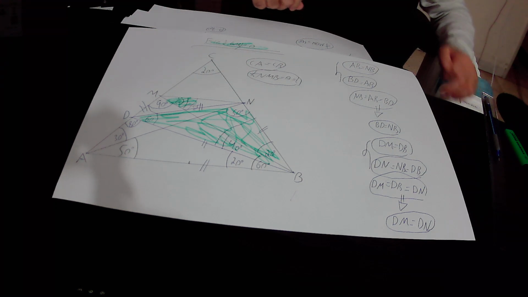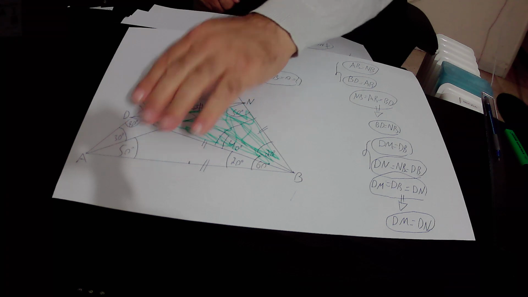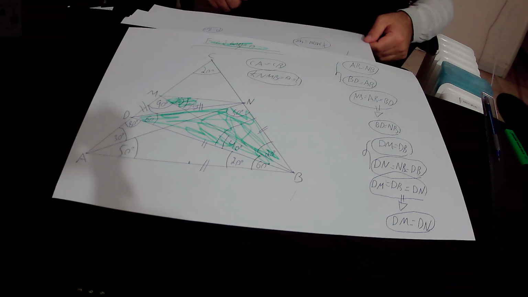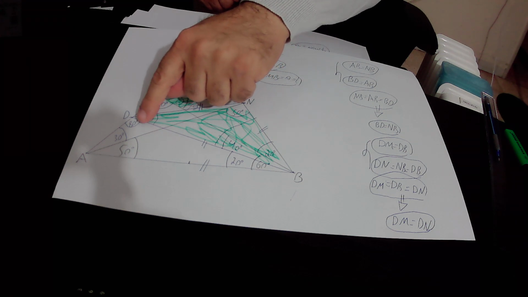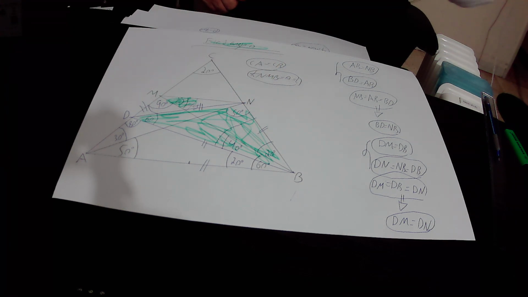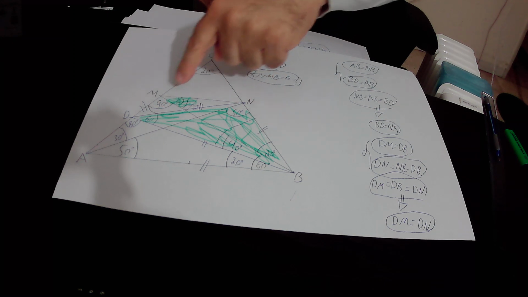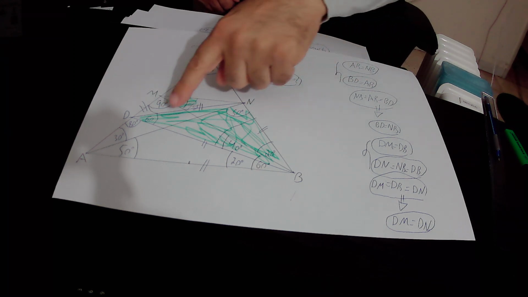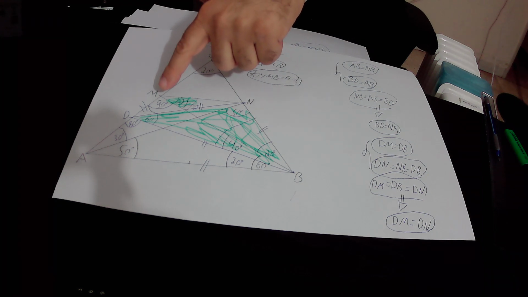Then we focus on the straight line CA, on this side of the straight line CA at point D. Which angles do we have? We have this angle that is equal to 80 degrees in size. This angle is one of the angles of the equilateral triangle DNB, therefore it is equal to 60 degrees, plus the missing angle MDN.